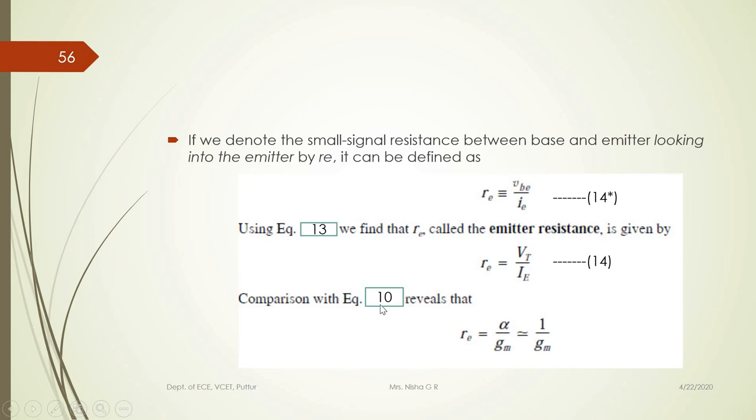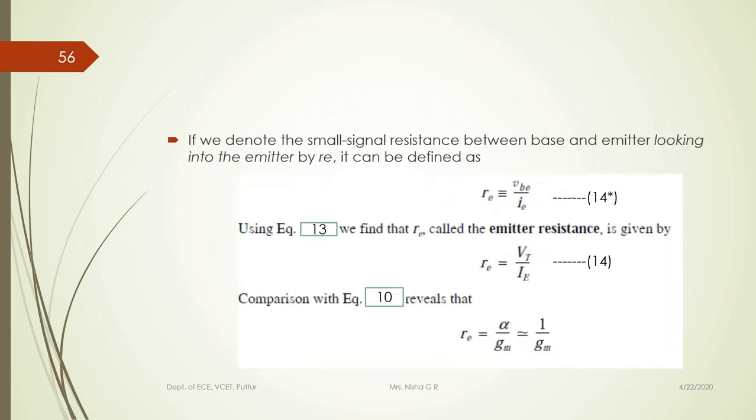Next, if we compare this equation with the 10th equation, when you compare it, your RE you will get as the inverse of transconductance, because alpha is nearly equal to 0.99. So it is 1 by GM.